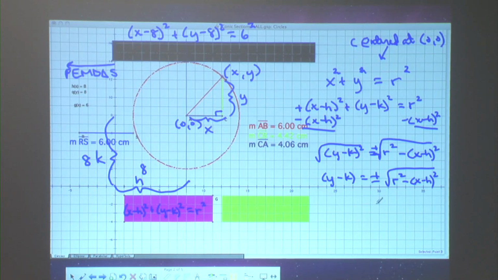So the good thing is, after we solve this, you won't have to go through these steps. You'll just have the two equations. Okay? What's next? Yeah, we don't even really need these parentheses right now. So it's y minus k, so we'll do the opposite, and we're going to add k to both sides. And then you get y equals, I'm going to put it in front, because when you guys put it on the back end, sometimes you accidentally put it under the radical, and then you don't get the equations that you want.